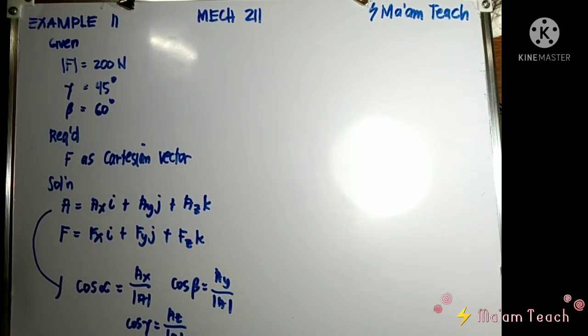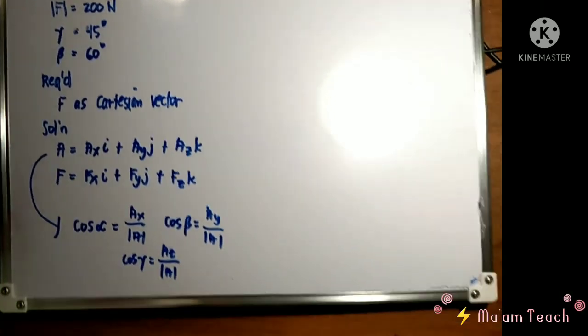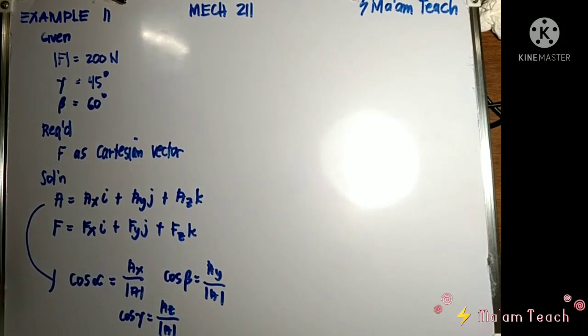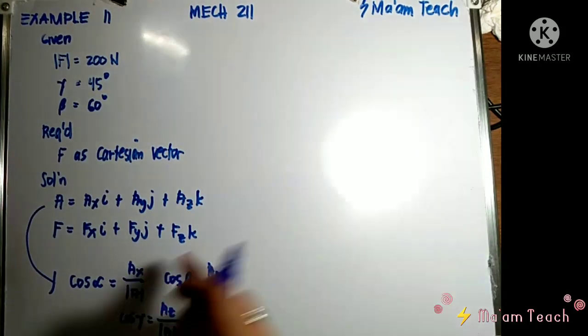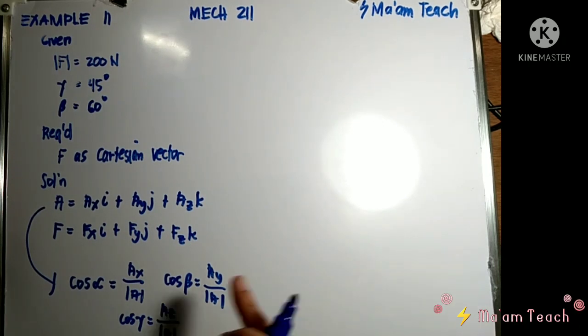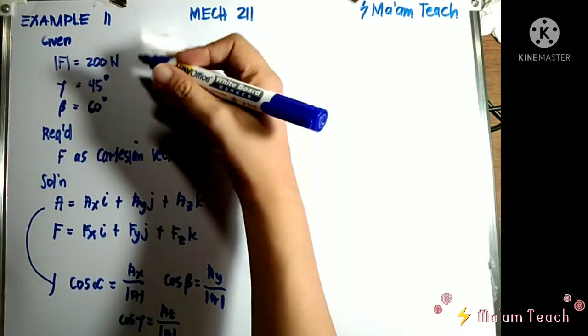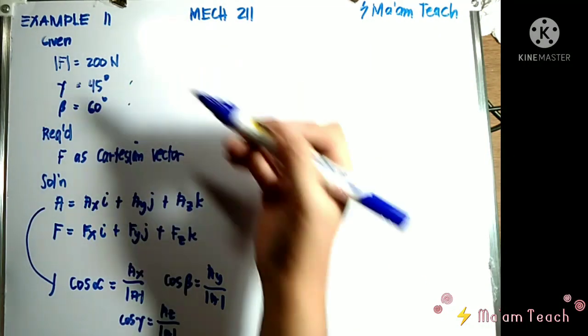Now, based on our given force, we can also solve for the x component, y component, and z component. But take note that we are only given here gamma and beta.